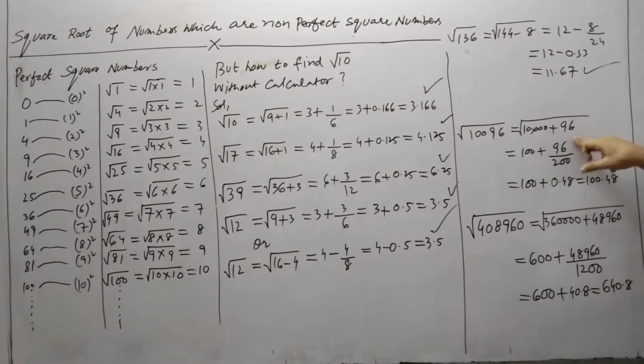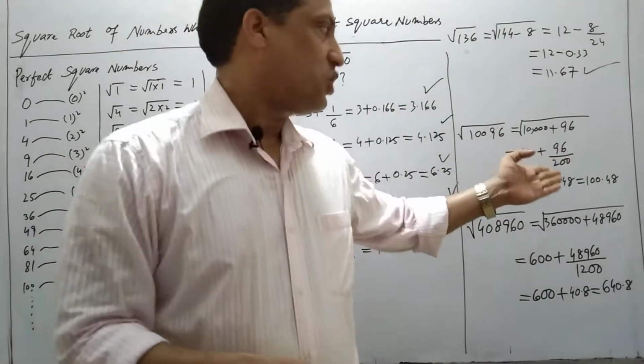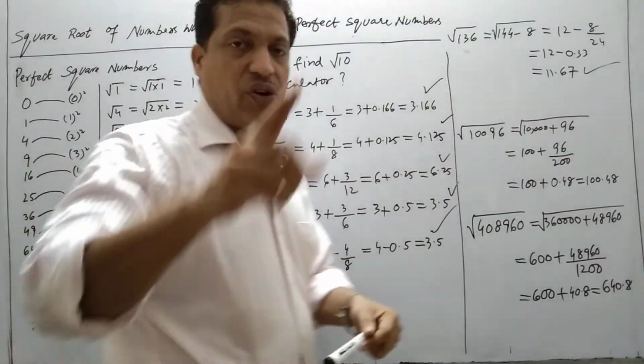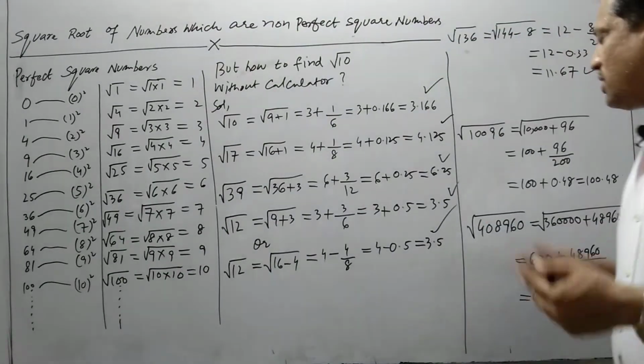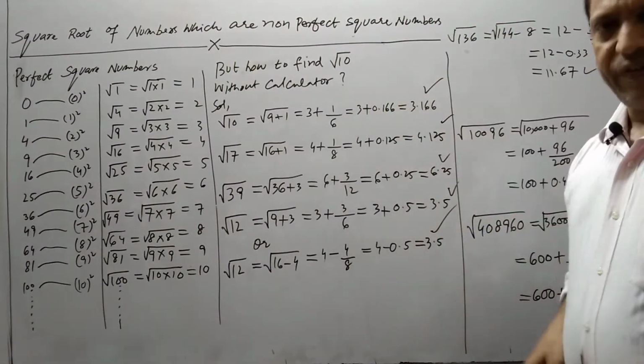So 96 upon 200 is 0.48. 100 plus 0.48 is 100.48. You can check this answer with a calculator. You will get the same answer. I assure you. So this is the shortest way to find the square root of any non-perfect square number.